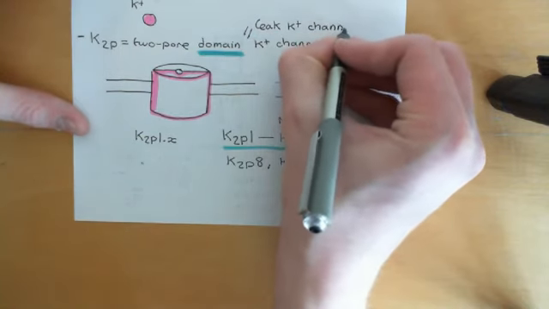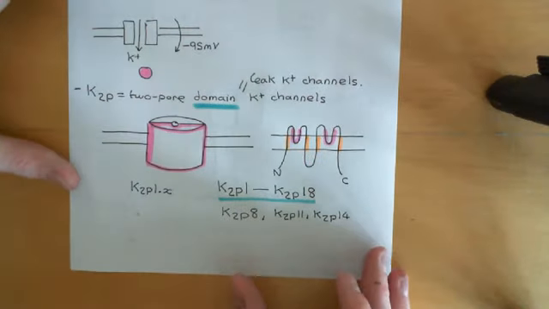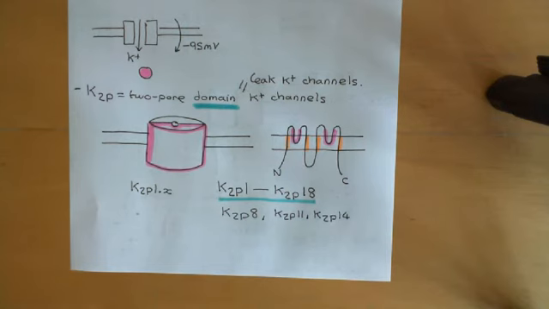These are the ones which are always open in the membrane and always allowing potassium to leak out of the cell into the extracellular fluid, and that leak is utterly essential for the normal equilibrium potential across the cell membrane. So it's essential for establishing resting membrane potential. Right, so those are the two-pore domain potassium channels.